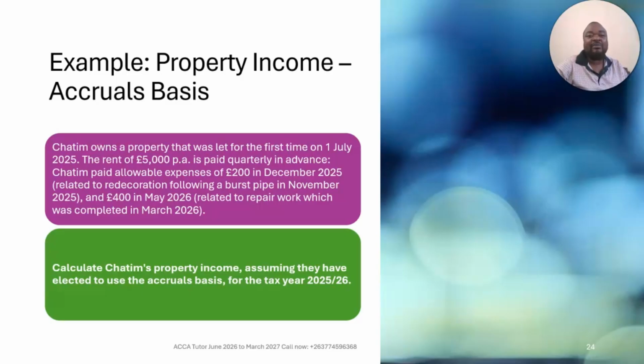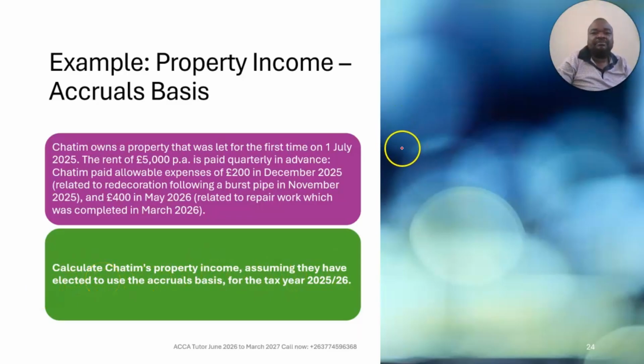Sharpen paid allowable expenses of £200 in December 2025 related to the redecoration following a burst pipe in November 2025 and £400 in May 2026 related to repair work which was completed in March 2026. Calculate Sharpen's property income, assuming they have elected to use the accruals basis for the tax year 2025-2026. So this one should be done in just 1 minute.